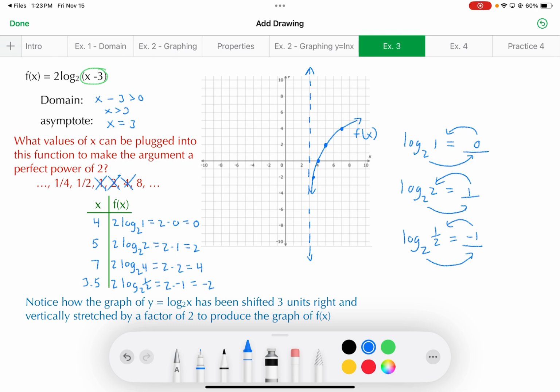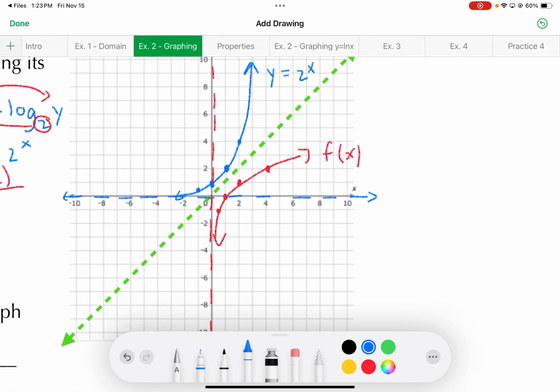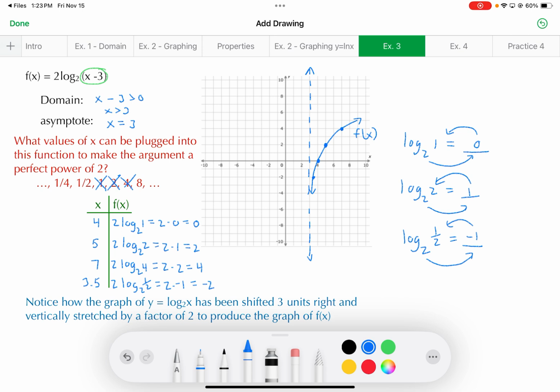If we go back and look at that red function there, that was y equals log base 2 of x. All we've done is shift it 3 right, the asymptote moved along with it, and then we vertically stretched it to where all of these points are now 2 vertical units apart rather than 1. So your transformation rules could be applied here as well.